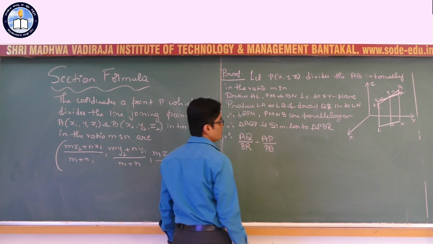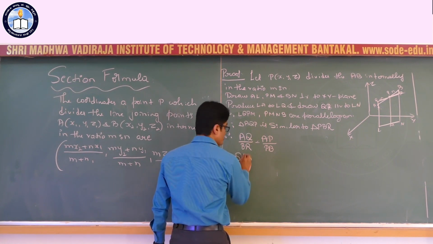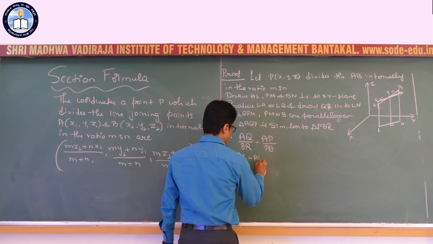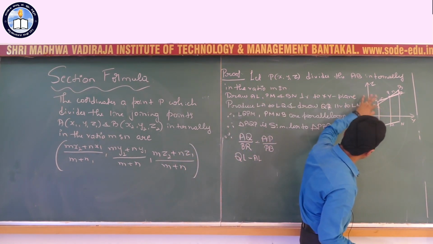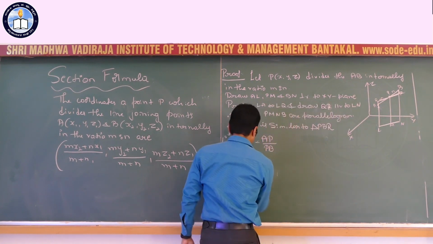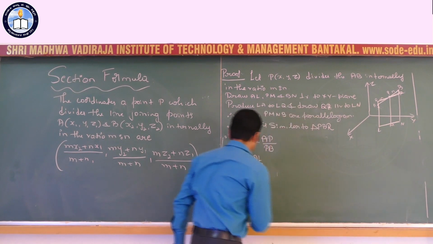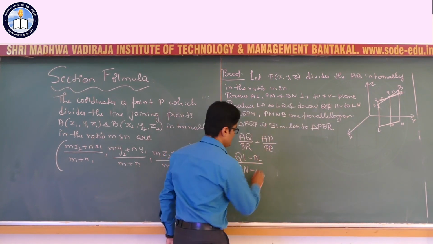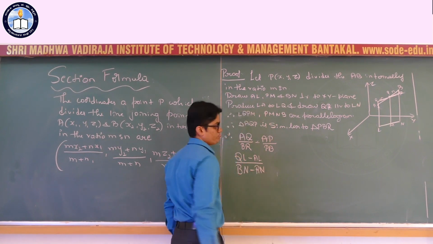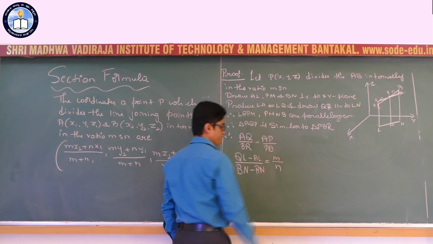What is AQ? AQ can be written as QL minus AL, divided by BR. This small distance can be expressed, from the same diagram, as BN minus RN. And AP is nothing but m, PB is nothing but n.